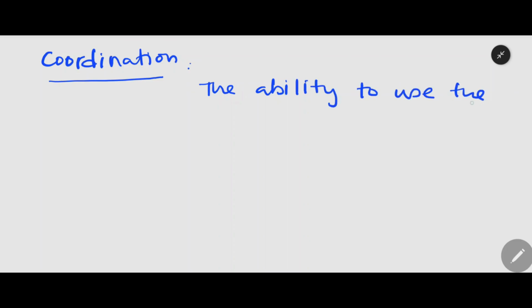Coordination is the ability to use the senses.